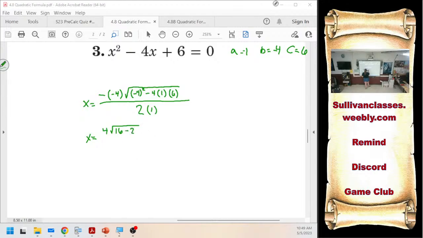So I'll say this is 7. Negative 1 plus or minus 7. So I'm going to turn it into a negative 1 plus 7 problem and a negative 1 minus 7 problem. What is negative 1 plus 7? 6. Oh, so it'd be 4. Negative 1 minus 7. Negative 8.